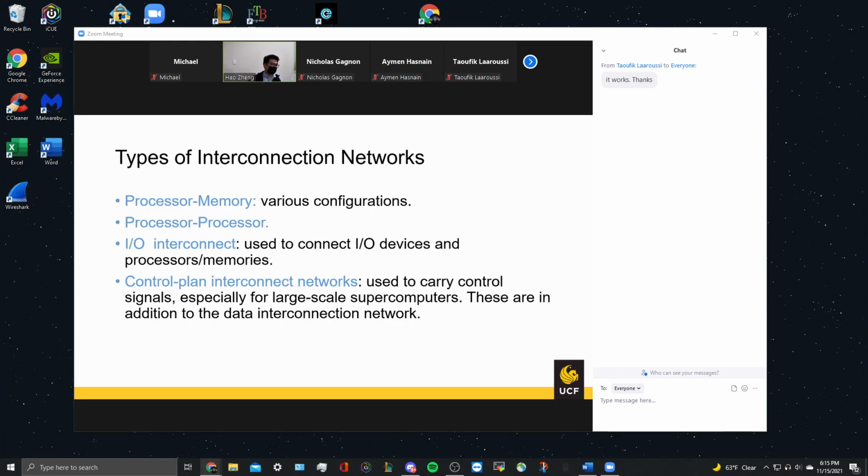Because usually the control signal or message is much shorter or smaller than the data, right? So one request probably can initiate a bulk of data, the transfer of a large amount of data, right? So this will result in different kinds of requirements for the interconnection networks.